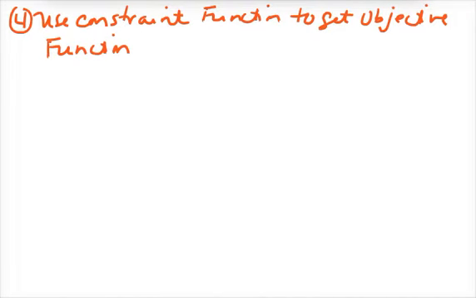So we're going to step through these problems in a warm-up tomorrow. We're going to step through these guidelines. So we're going to use the constraint to get the objective function in terms of one variable.